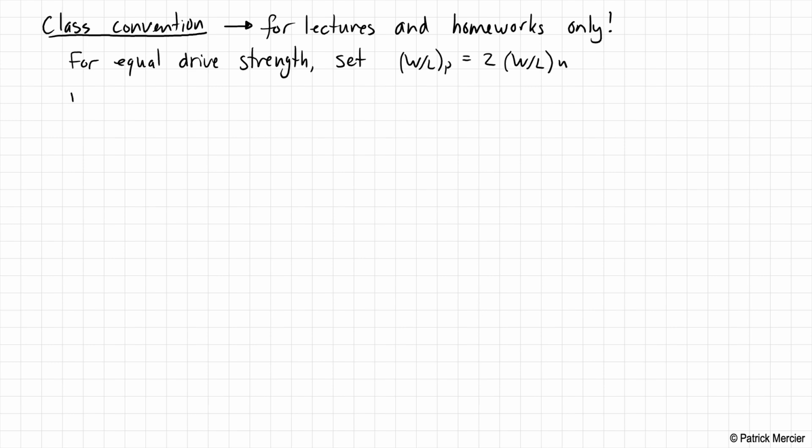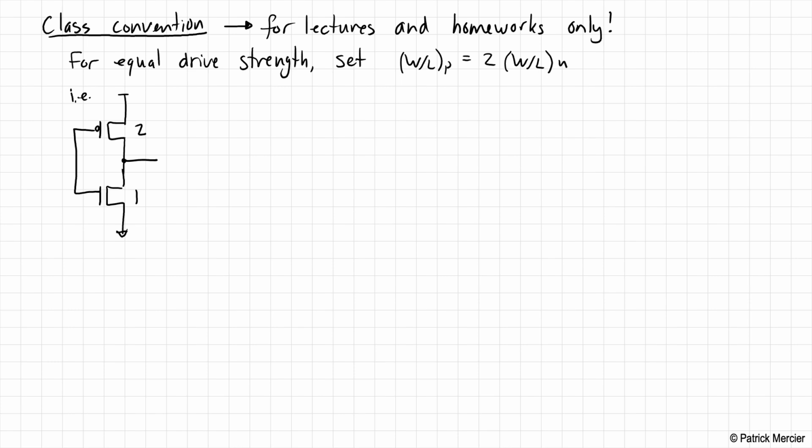In other words, we're saying that the PMOS transistor is half as strong for the same size as the NMOS transistor, and in order to have equivalent delay through the circuit, we need to size our PMOS transistor to be double the size of the NMOS transistor to get the same performance. So if our NMOS transistor is a normalized size of 1, then our PMOS transistor has to be a normalized size of 2 in order to have equal drive strength.